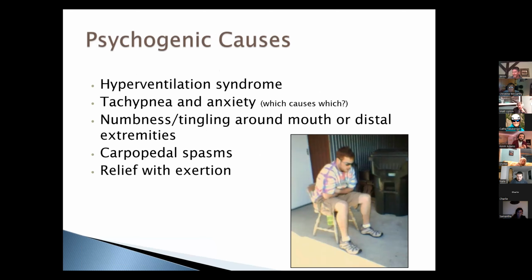The main time that we see difficulty breathing or a psychogenic respiratory issue with anxiety is hyperventilation syndrome. It's also called voluntary hyperventilation, which is a little bit misleading, because the patient isn't wanting to do it, but it's because of their anxiety that they are. So it's actually really interesting.